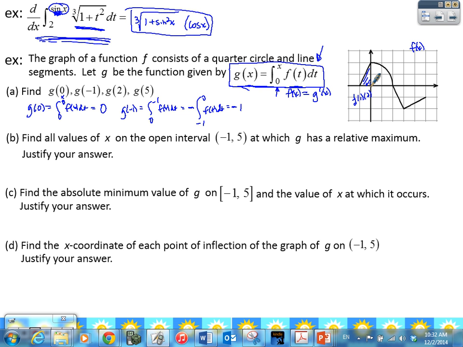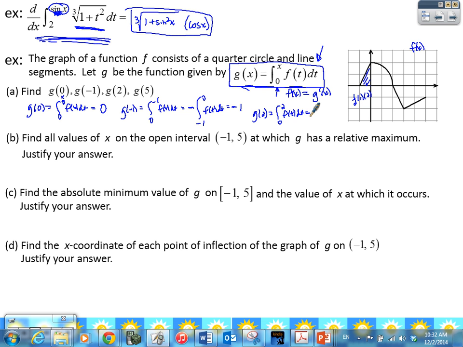Okay, that's why we have this rule. If I change the bounds, I do opposites. If we integrate backwards, it's opposite of the way it looks. Okay? All right. So let's do g of 2. G of 2 is going to be the integral from 0 to 2 of f of t dt.